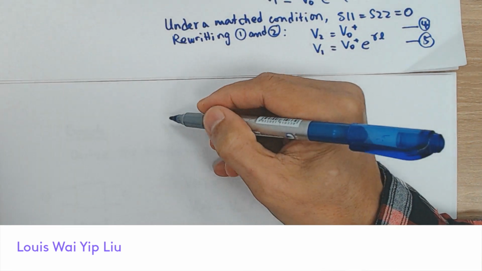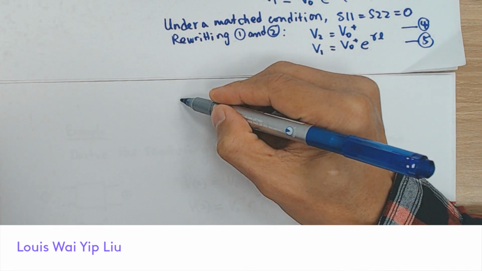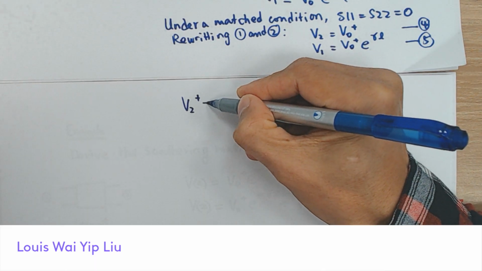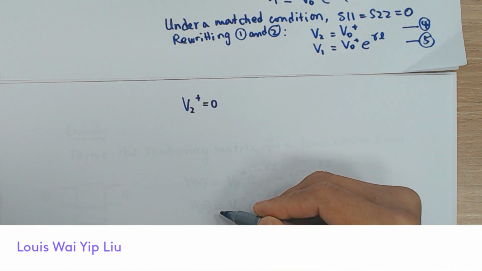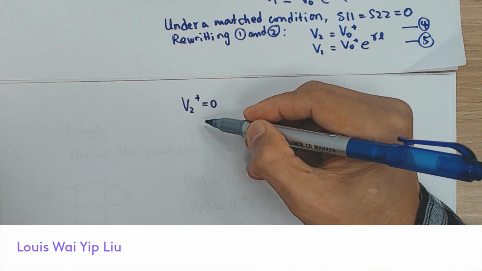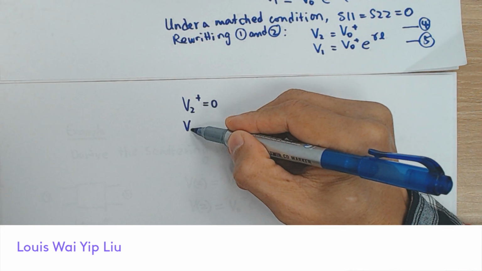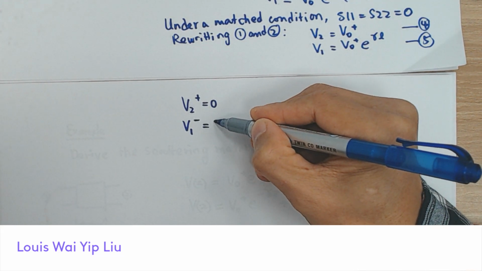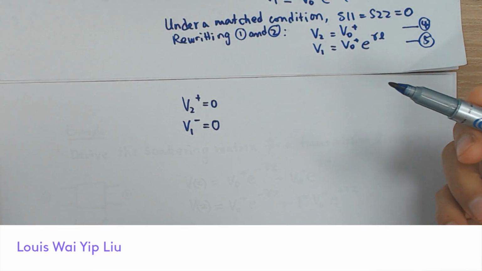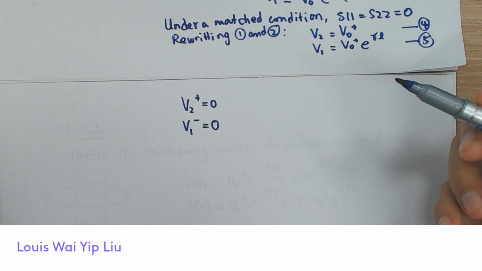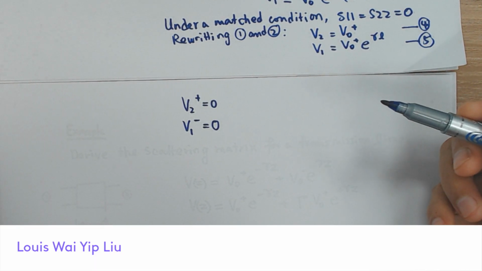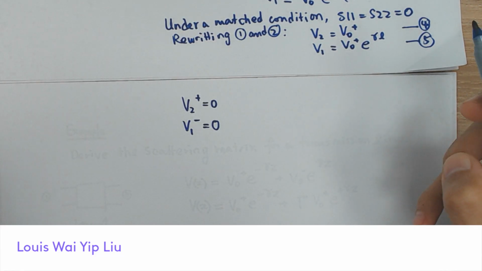We have already known that V2 plus is 0. And we also know that V1 minus is 0 because we are dealing with a fully matched condition. There should be no reflection.